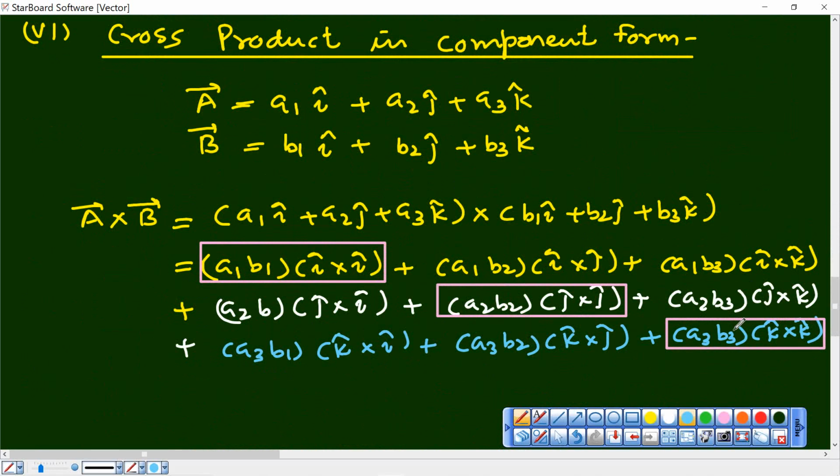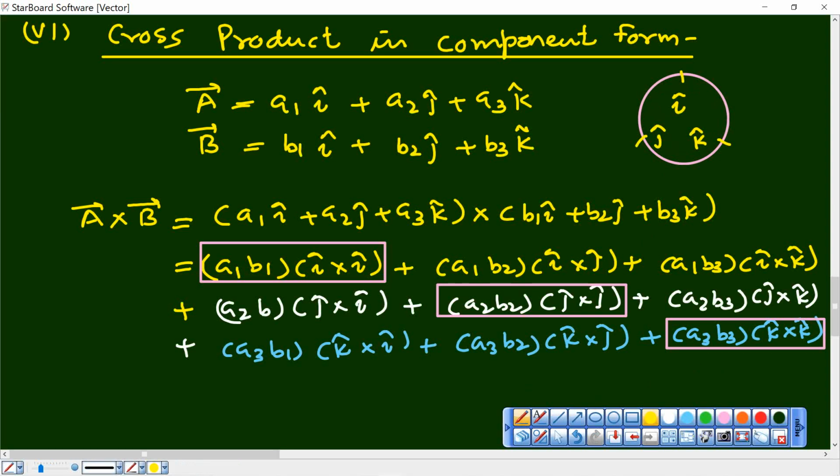So rather than scrolling up every time, I prefer to make the wheel once again so that you can practice the technique that I have told you. At 12 o'clock position, 8 o'clock position, 4 o'clock position, we have i cap, j cap and k cap.